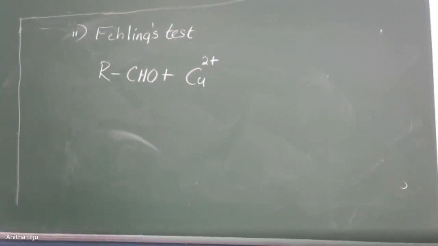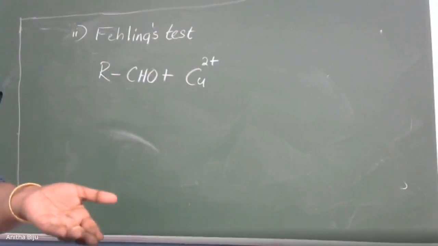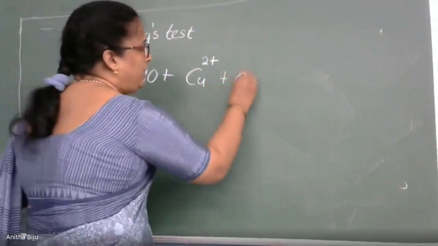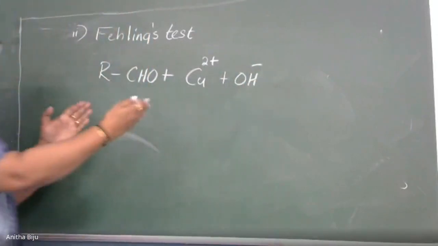In this reaction also the medium is basic, because sodium potassium tartrate, with sodium and potassium, makes the solution basic. So we have OH minus. So these are the 3 reactants.